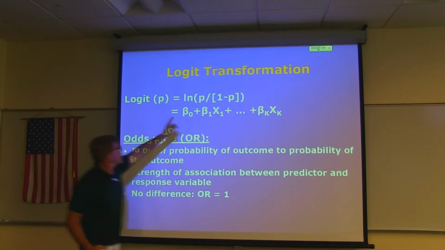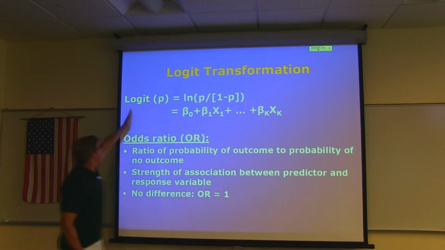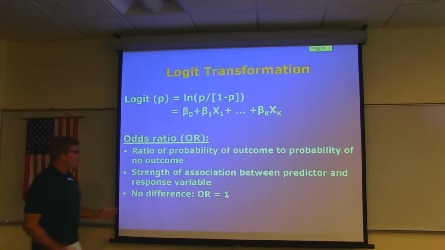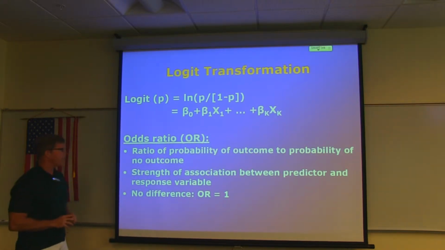So these are, of course, the predictors, the IVs, right? And this is the dependent variable, which is the response variable. So when there is no relationship or no difference, we have an odds ratio of 1, okay? We'll get into that a little bit further when we get into examples.